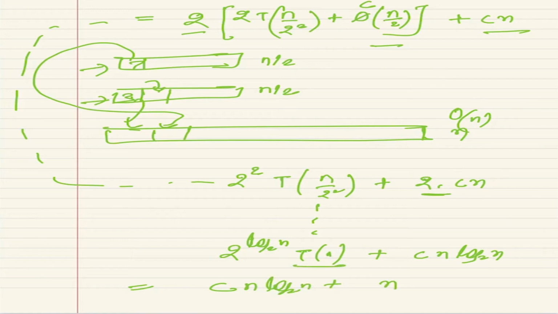Together they give you a complexity of theta n log n. This works for worst case, average case, best case. This is the complexity of merge sort.